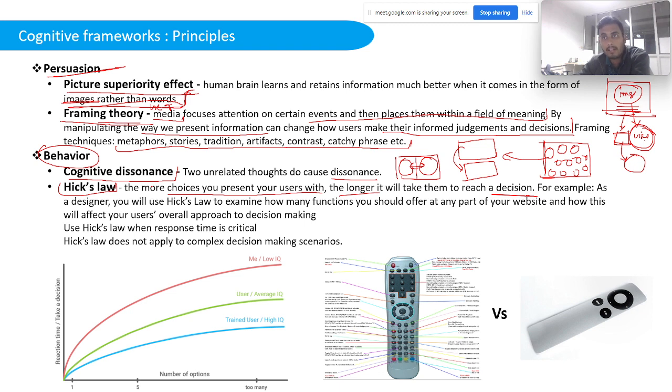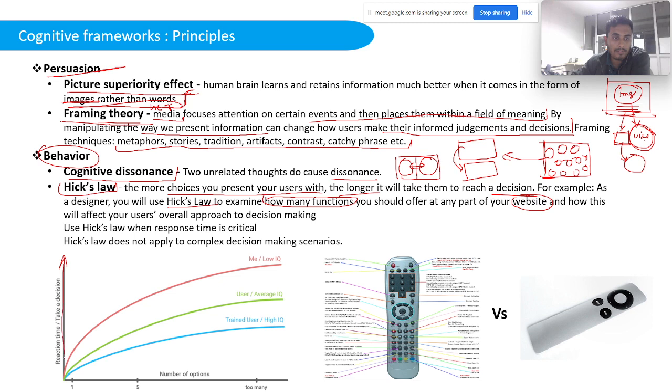Probably that will again create cognitive load because of lack of information, and it will limit the learning of the interface. For example, a designer can use Hick's law to examine how many functions to offer on a website. He needs to decide what sort of functions to provide so that the user can make critical decisions while navigating through the website.